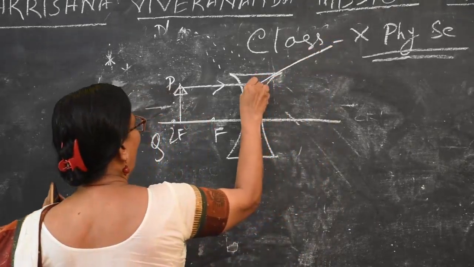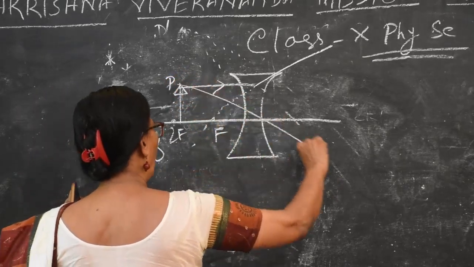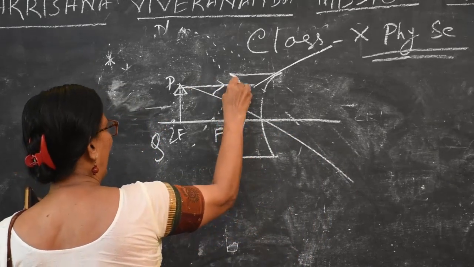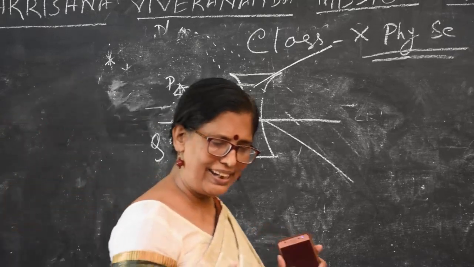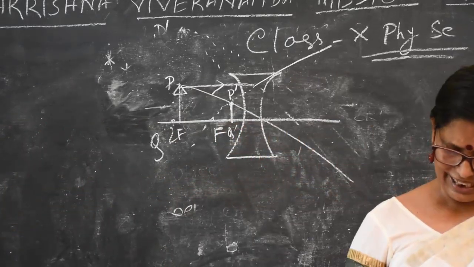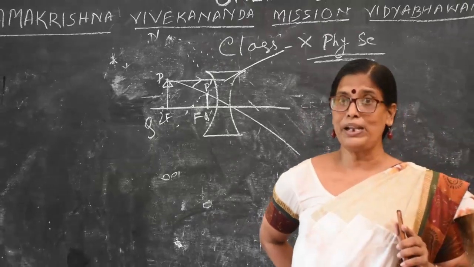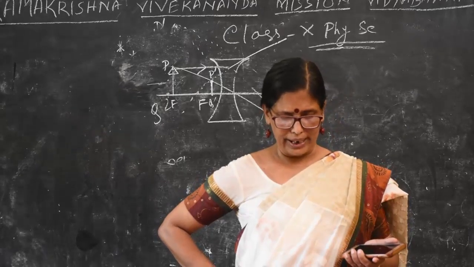So it comes forcibly here and one from O, and they meet here. So it is P dash and Q dash. And see, here it is erect, virtual, and diminished. Diminished means smaller in size. And there is only one image for the concave lens.